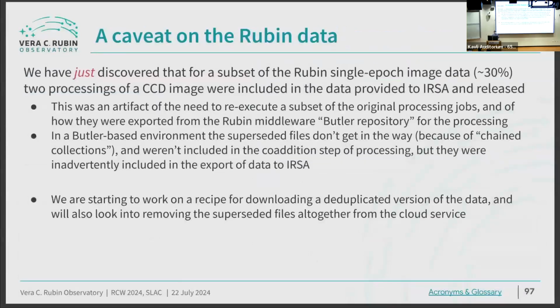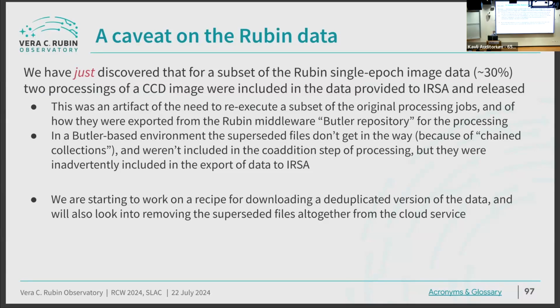I just want to mention, for those of you who want to start working with this, there's a little caveat on the Rubin data. We just discovered, basically over the weekend, that for a subset of the Rubin single epoch image data, there were two processings of images included in the data provided and released.